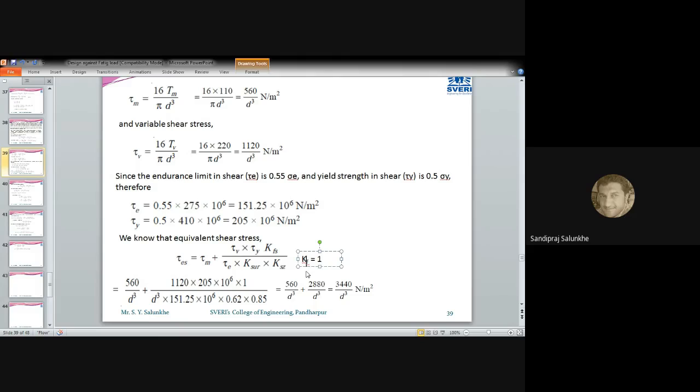Otherwise, it will become some 1 point something. And surface finish factor, if the surface is very smooth, then it will become 1. Because if you multiply that factor with the stress, it should not be hampered anyhow. And 1 is the value which, if multiplied with any value, will not change it. Are you getting me? Or should I repeat?